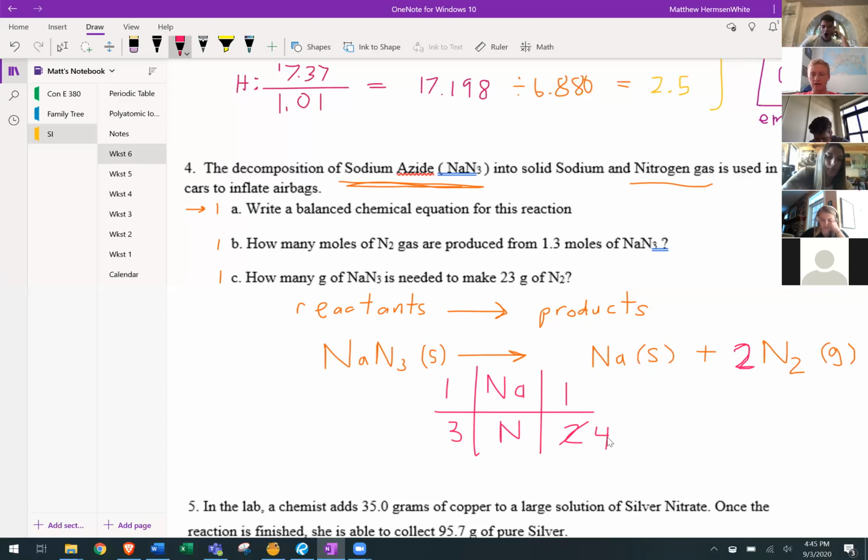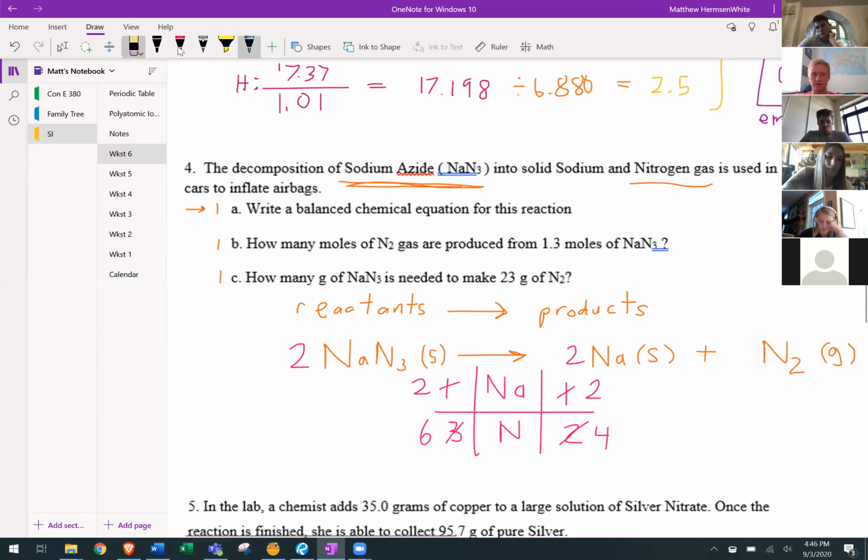Well, I just created a problem because now I have 4 on the right and 3 on the left. So I'm going to have to put a 2 in front of here. This is going to bump up the sodiums to 2, and it's going to bump up the nitrogens to 6. We have 2 and 6. And then on the right side, we need more sodium, so I'm going to put a 2 in front of the sodium. We have 2 here. And I'm also going to increase the number of nitrogens.